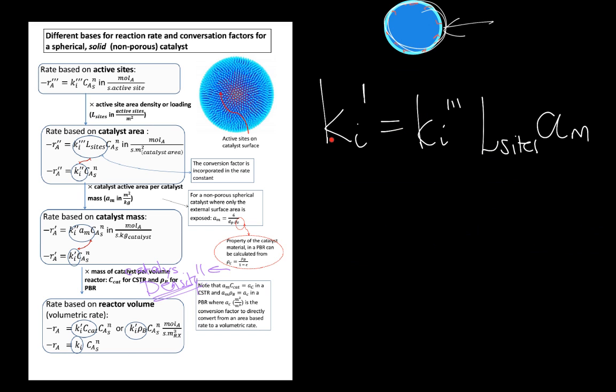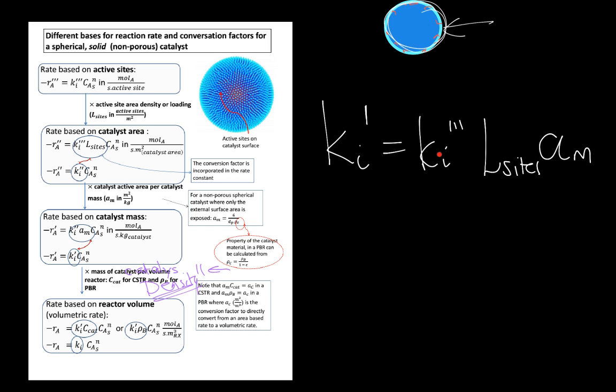For my mass-based rate constant, that will give me the rate per kilogram catalyst in my reactor. Once again, I can follow my train and I can see that it is directly proportional to this true rate constant that gives me the turnover rate per catalytically active site. How many sites do I have per catalytically active area?